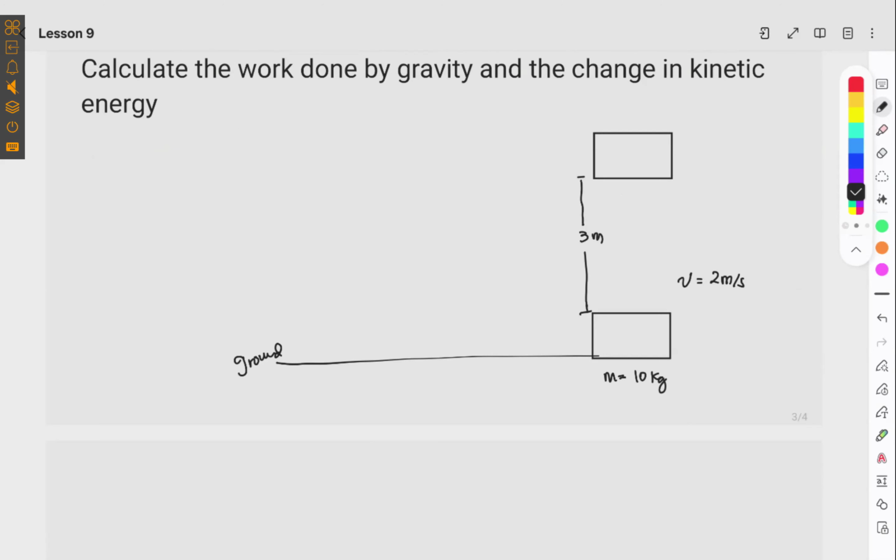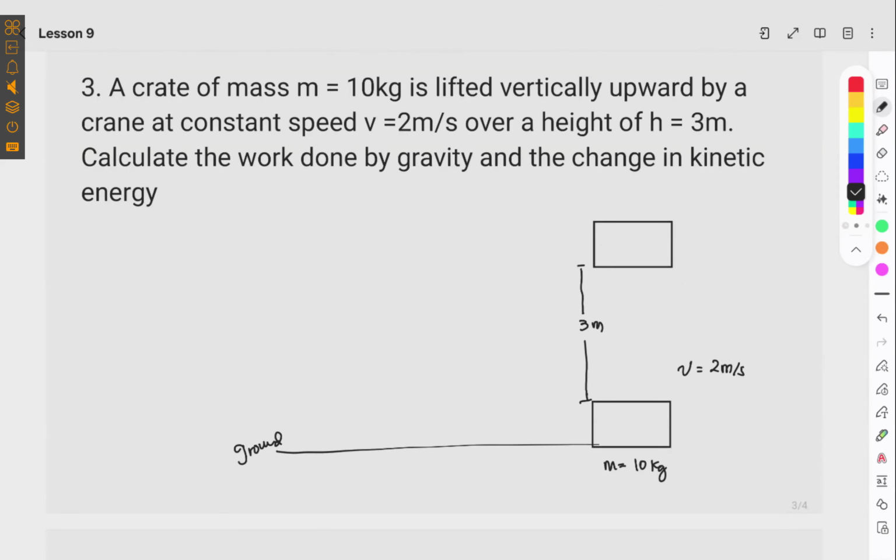Since the crane moves at constant velocity, constant speed, the net force is what?